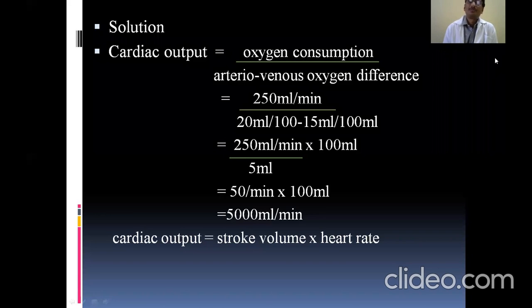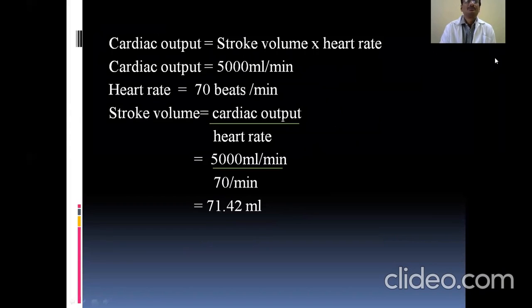Cardiac output is equal to stroke volume into heart rate. Now we know the cardiac output as well as the heart rate. Now we need to calculate the stroke volume. So stroke volume is equal to cardiac output divided by heart rate.